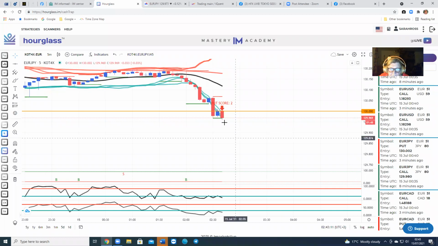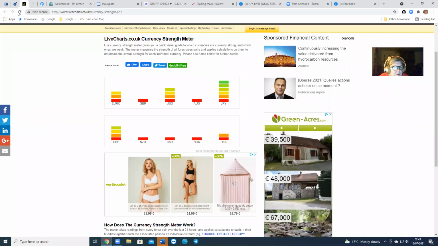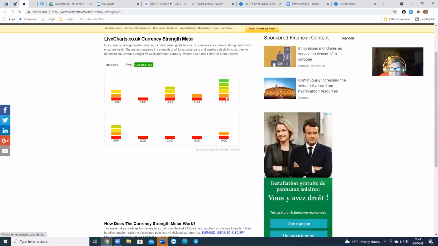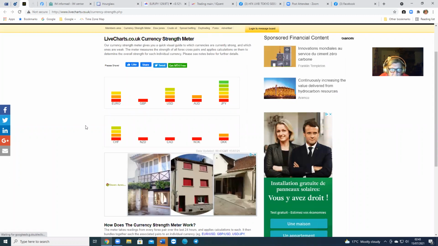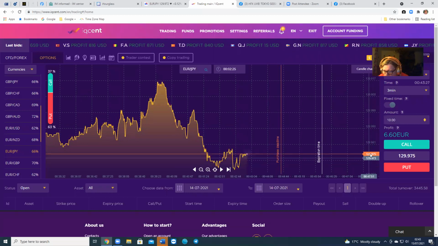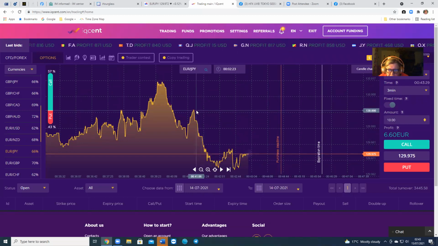Got 1 minute 49 to go. Our currency strength should show strong yen, 3 bars on the euro, down at 975.